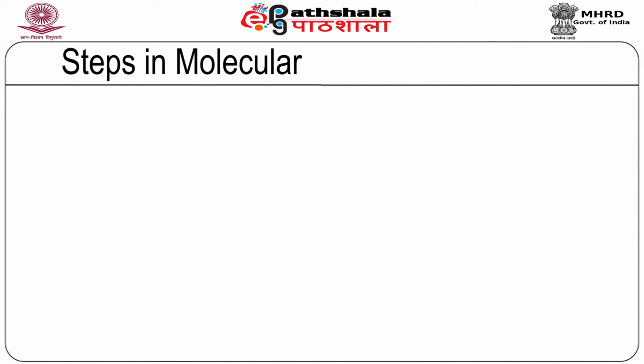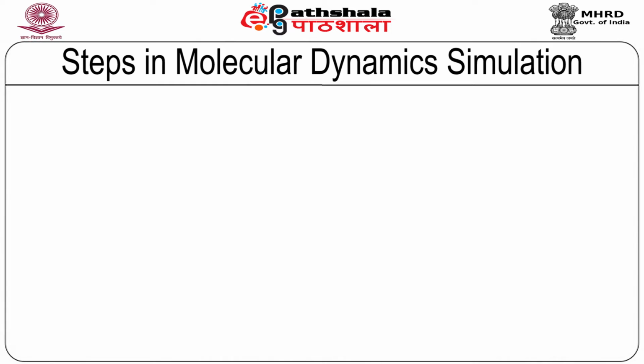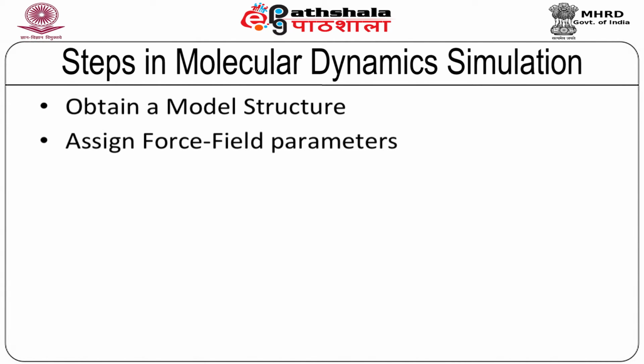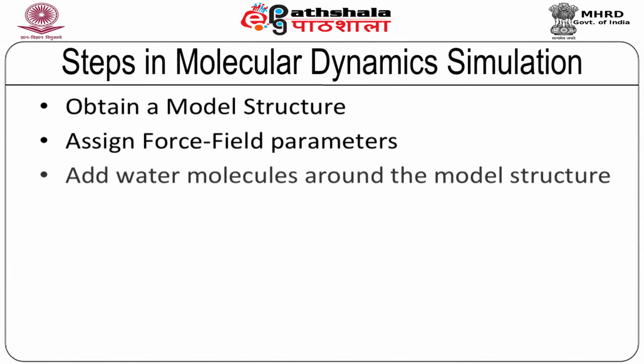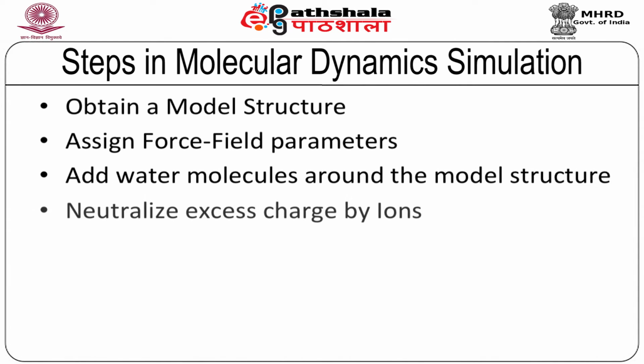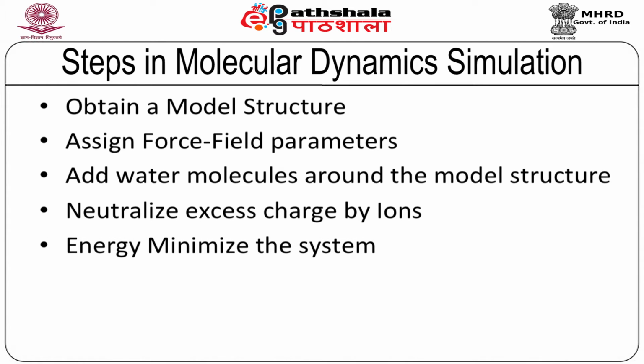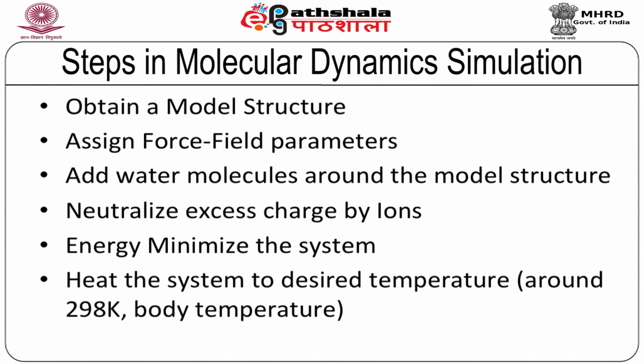So the steps in molecular dynamics simulation are: obtain a model structure, then assign force field parameters, add water molecules, neutralize the system with excess charge of ions, then energy minimize the system, heat the system to the desired temperature such as 300 or 298 K, the body temperature, and then simulate by molecular dynamics simulation.